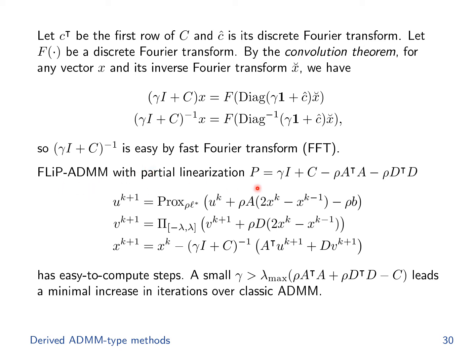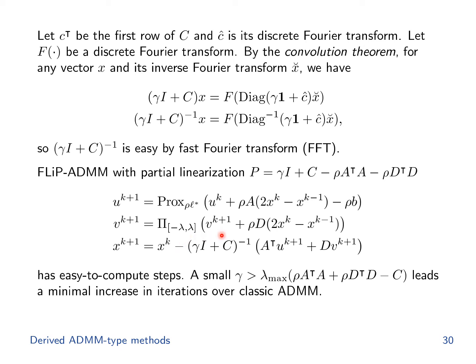FLIP-ADMM with this choice of matrix P implements partial linearization, and you end up getting this formulation where we have used the Moreau identity to deal with the prox of L star. And in this iteration, we use this inverse, and this is the only matrix inverse we need.